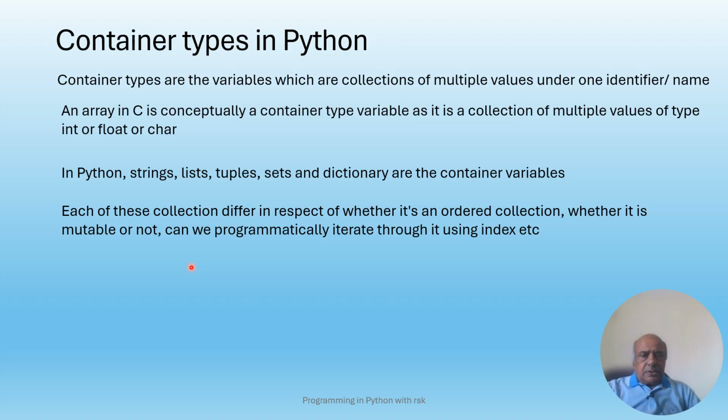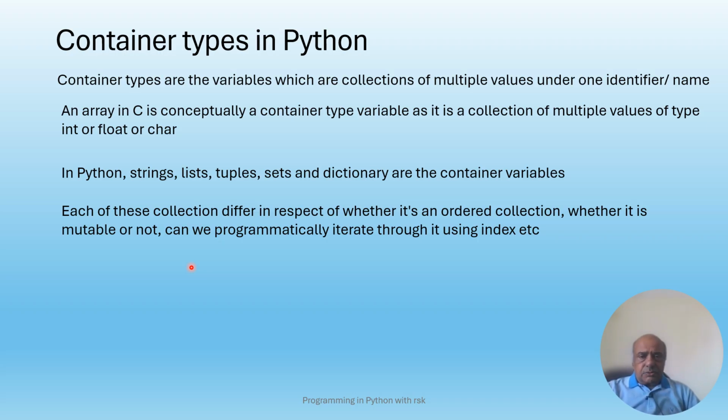A collection in Python is defined as either an ordered collection or an unordered collection. Whether the collection can be changed programmatically, which means whether it is a mutable one or not.